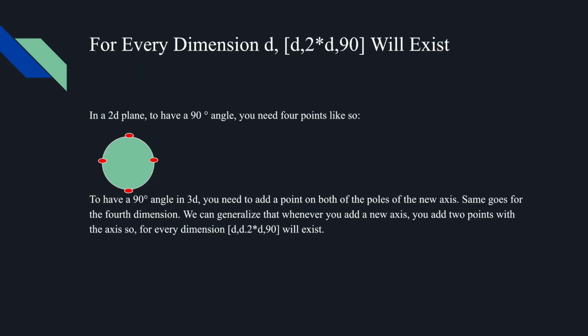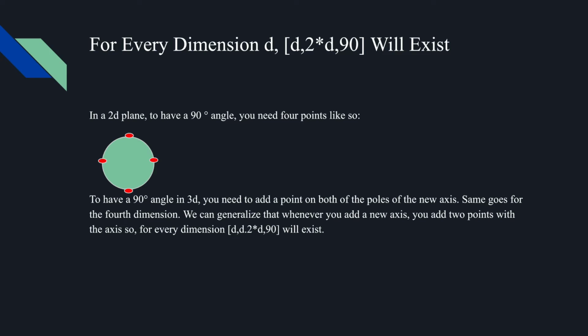So for every dimension d, 2d, 90 will exist. This is true because in a 2D plane, you have a 90-degree angle with 4 points, like this diagram shows. And if you want to have another 90-degree angle in 3D with 6 points, which is 3 times 2, you're adding one more axis compared to 2D.